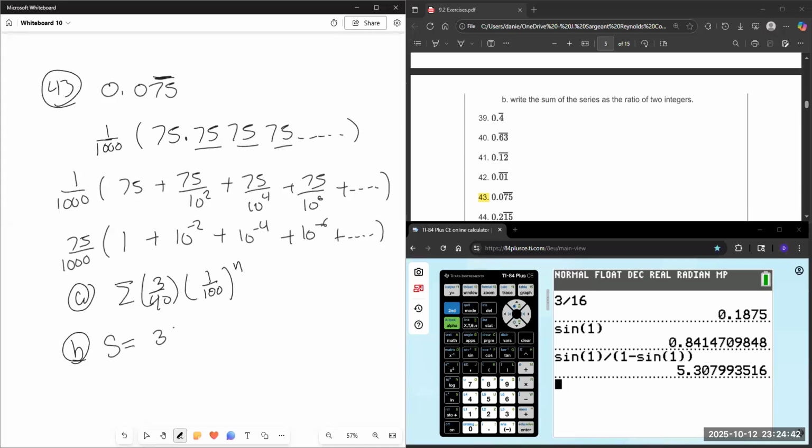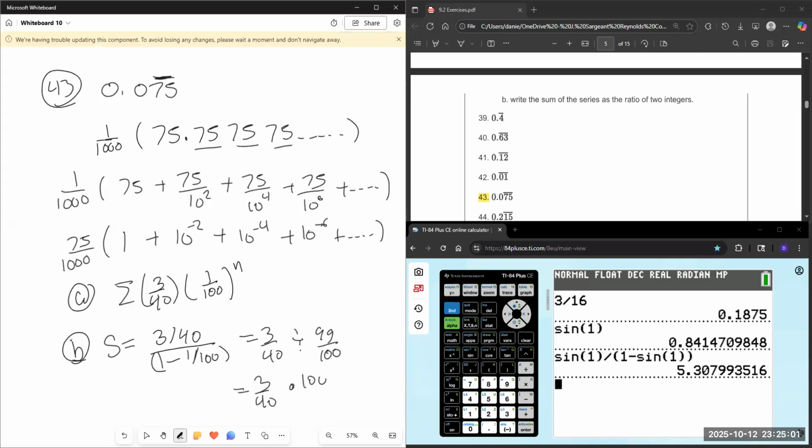So we have 3 over 40 over 1 minus 1 over 100. I'm going to write that as 3 over 40 divided by 99 over 100, which is 3 over 40 times 100 over 99.